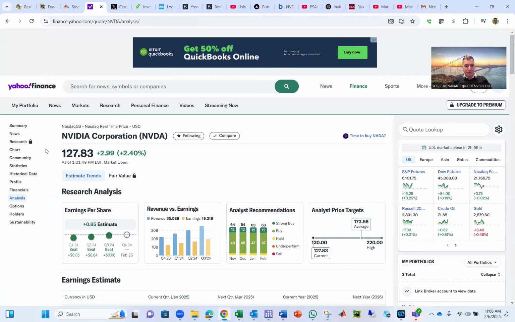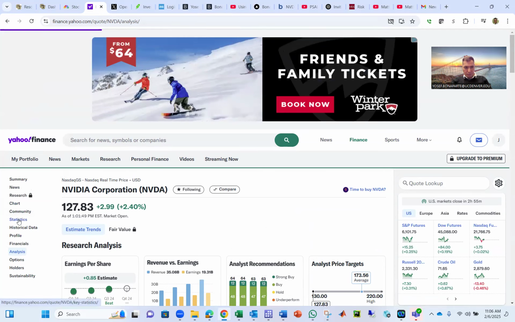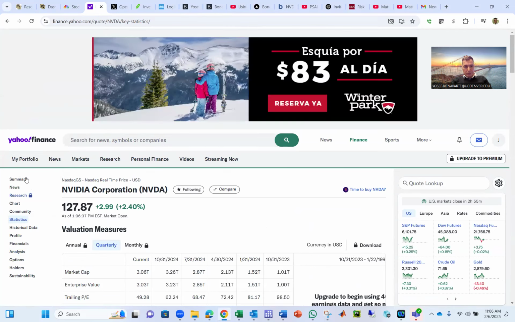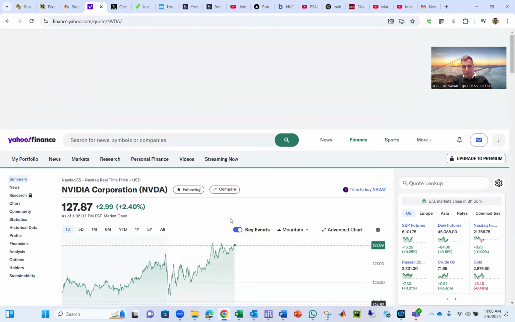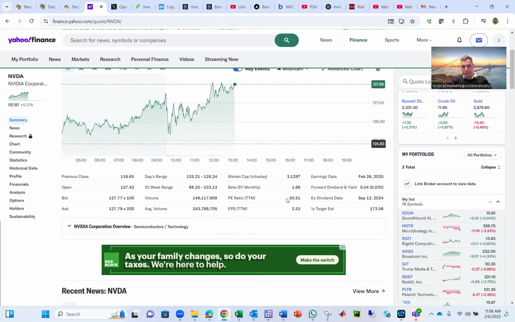You can see here, the PE ratio for NVIDIA is 50. That means for every $1 of earnings for NVIDIA, investors are willing to pay $50.